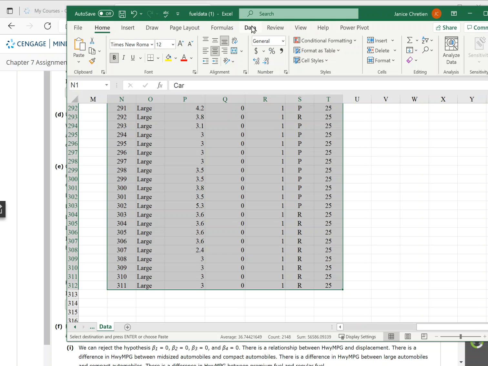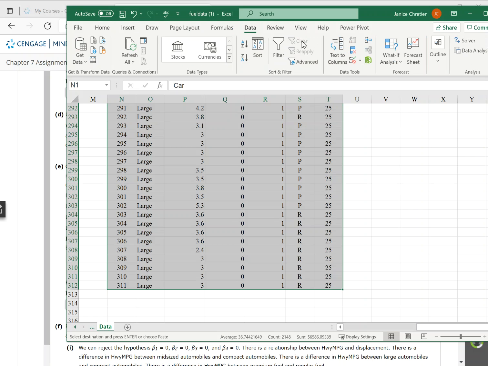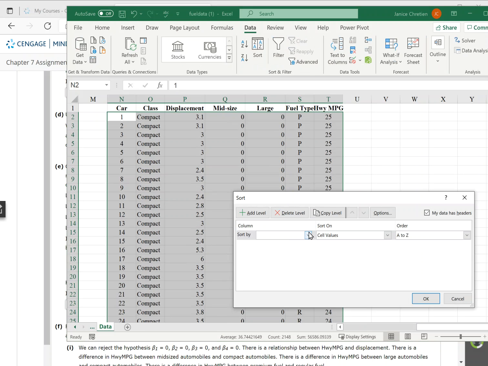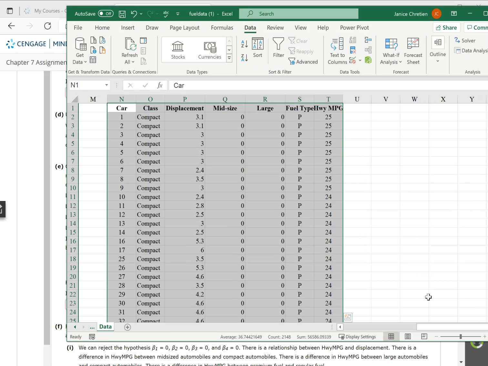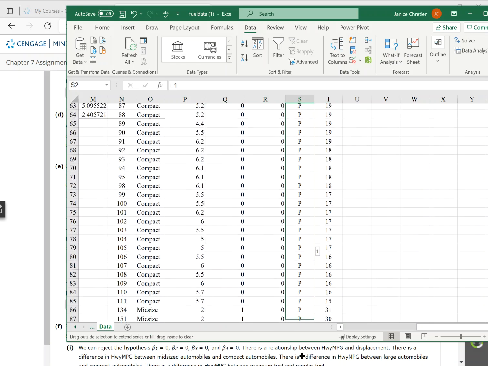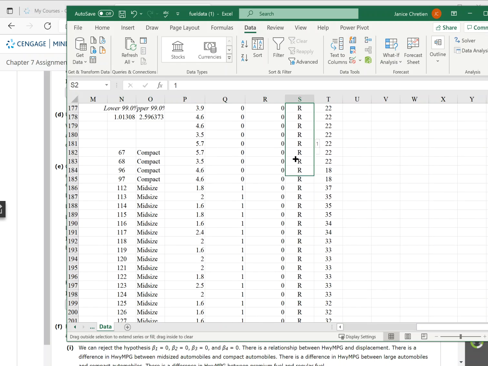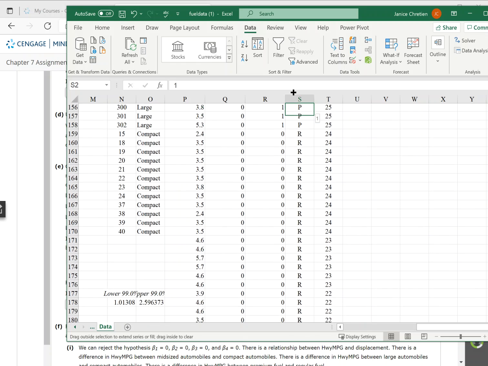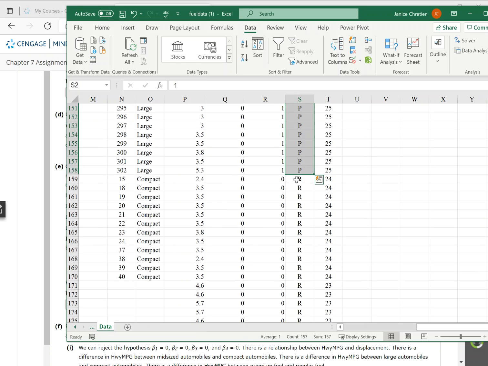So, data sort. So my P's will be a 1. My R's will be a 0.